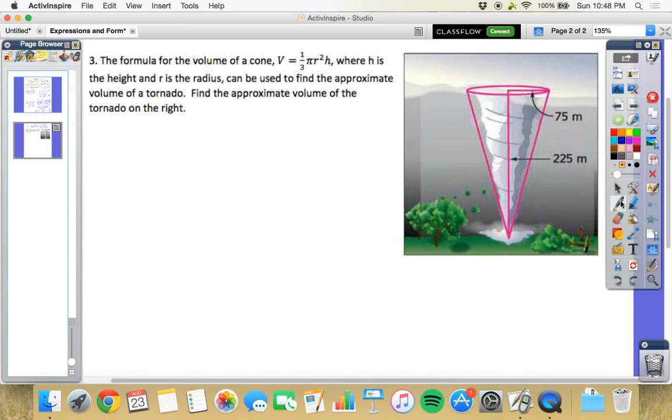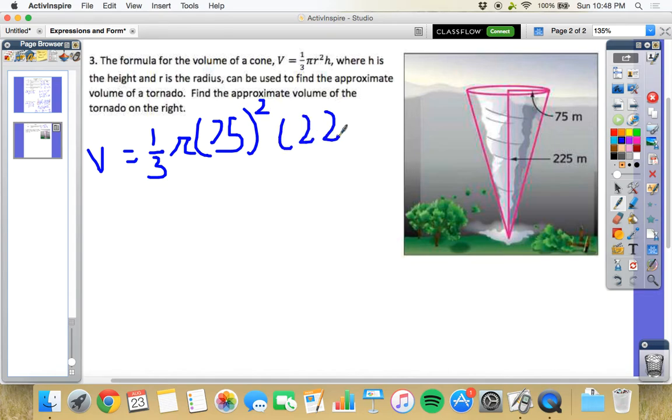So we'll substitute in the values that we know. The volume is equal to 1/3 times pi times the radius squared. The radius is 75, and times 225. Using our order of operations, first we square 75, and that gives us 5,625.